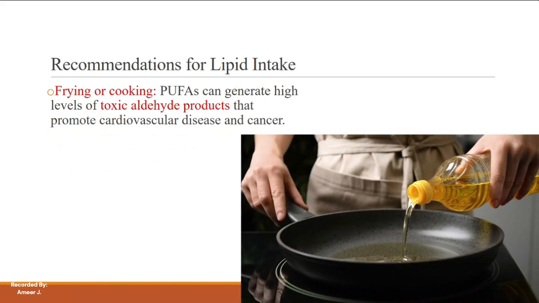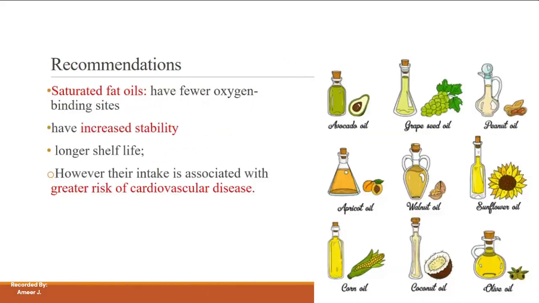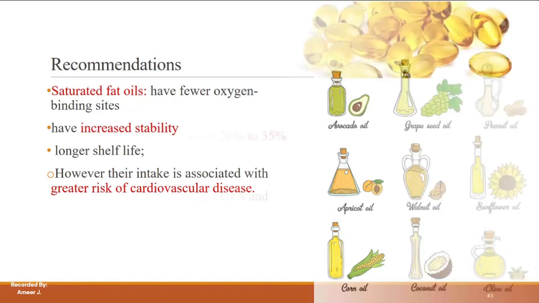That can be very dangerous. Saturated fat oils have fewer oxygen binding sites and have increased stability and longer shelf life. However, their intake is associated with a greater risk of cardiovascular disease because it reduces the fluidity of the membrane and they can be deposited in blood vessels.